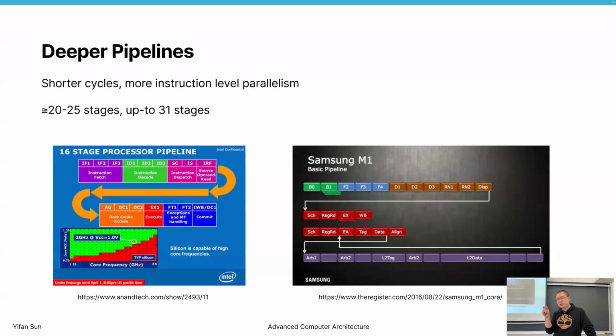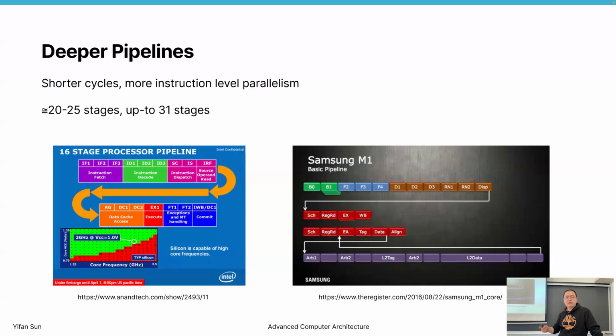Then a shorter cycle means faster throughput, right? Like higher performance. In that case, people always reduce cycle time so that we can exploit instruction level parallelism better. So a modern design is typically 20 to 25 stages.